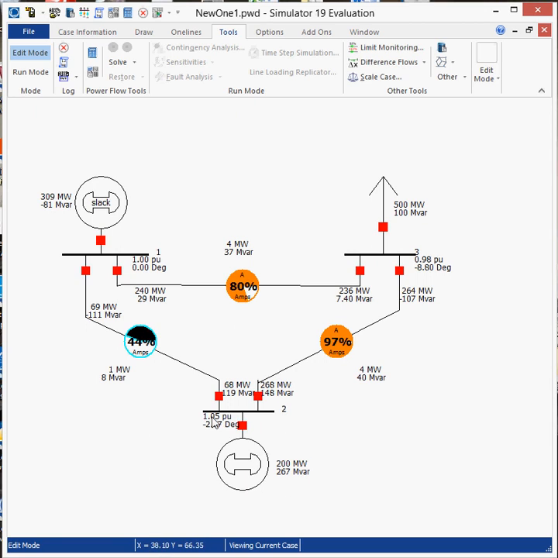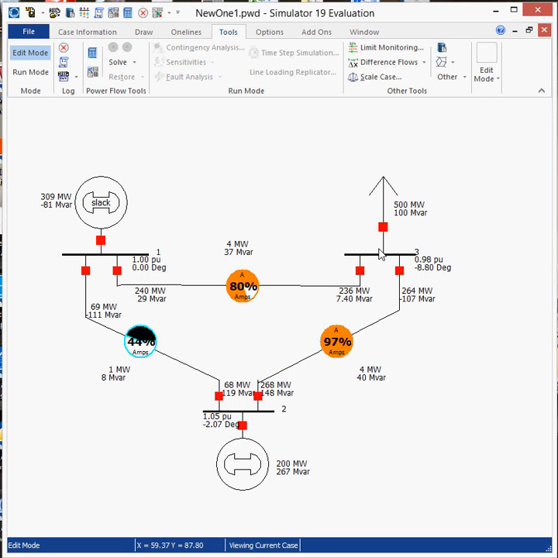So the rest of the output power required for this load is imported from the existing grid, since the generator cannot support the demand required by the load in this area.